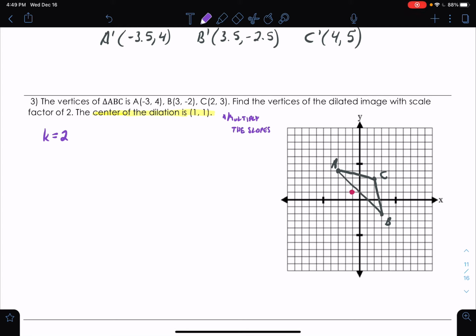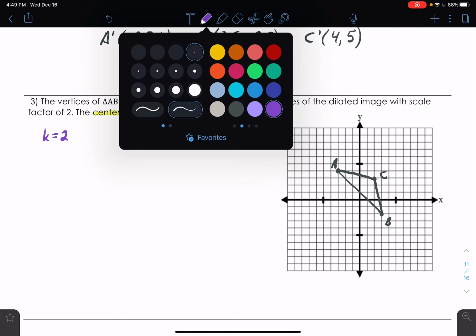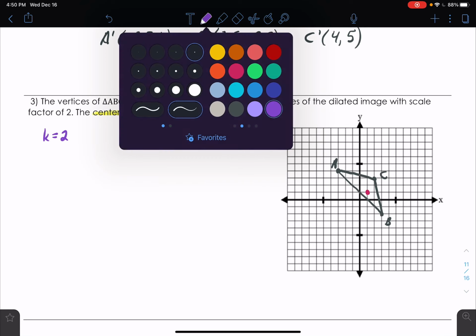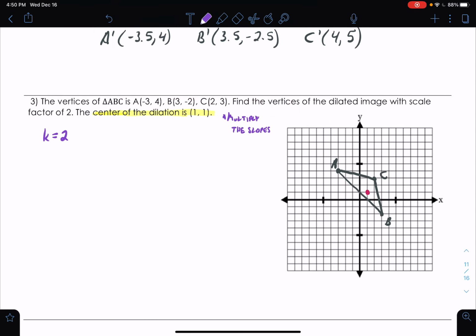I mean start at the center of dilation, which is 1, 1. All right, and let's manipulate the slopes. So to get to C, I go up 2, to the right 1.